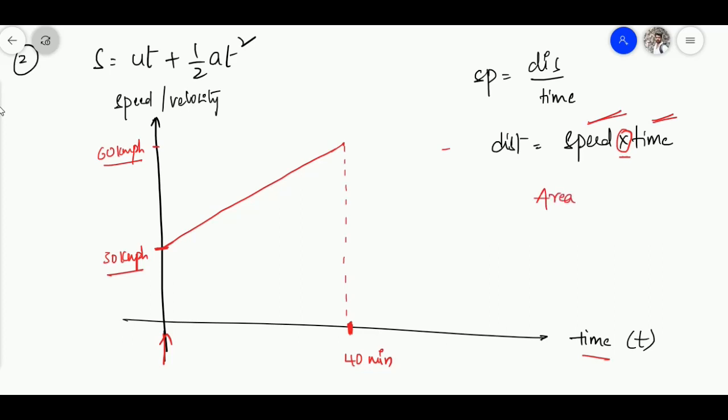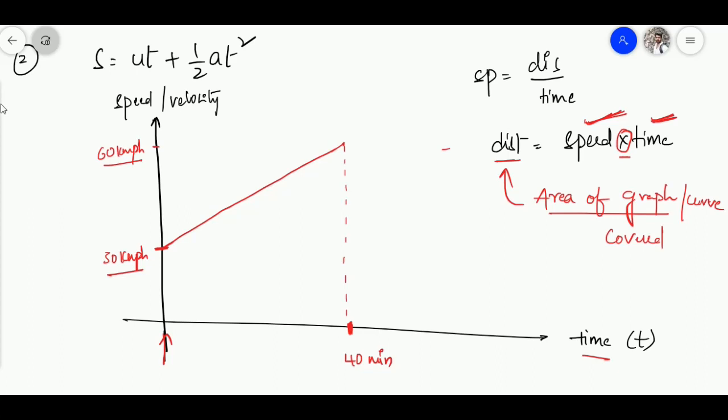You have to find the area of the graph covered to get the distance. So to get the distance, I need to find the area of the graph between speed and time, between the x-axis term and the y-axis term.